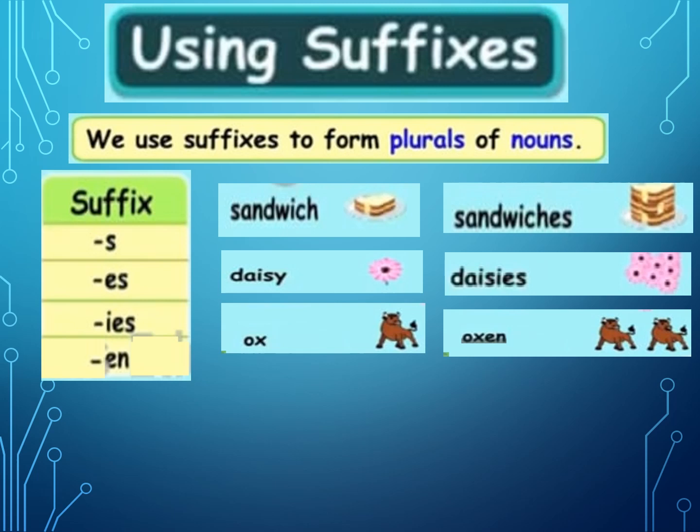For example, sandwich can be changed to its plural form by adding the suffix es. Daisy is changed into daisies by removing y and adding the suffix ies. Ox is changed to oxen by adding the suffix en.